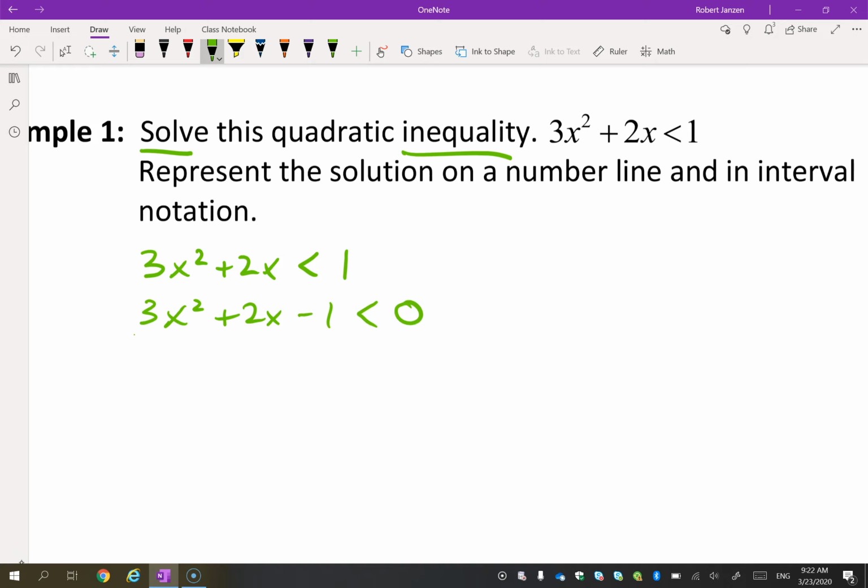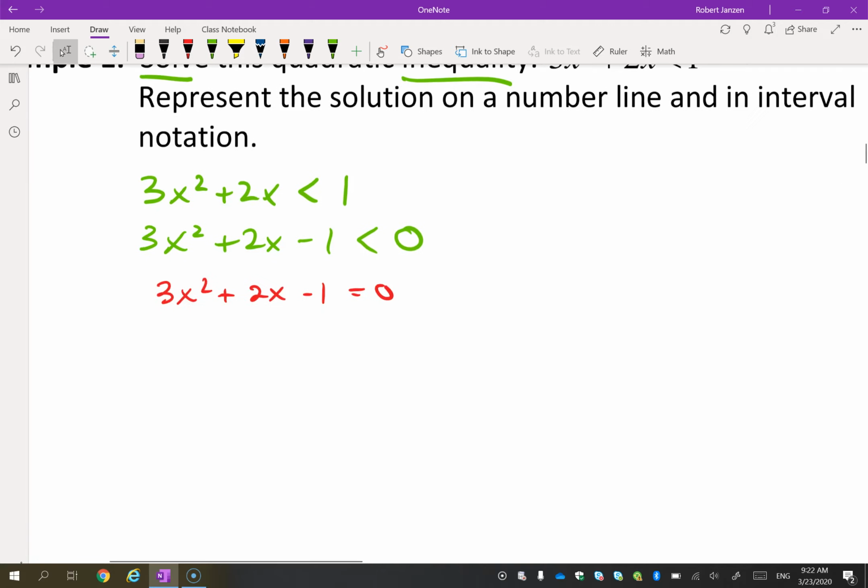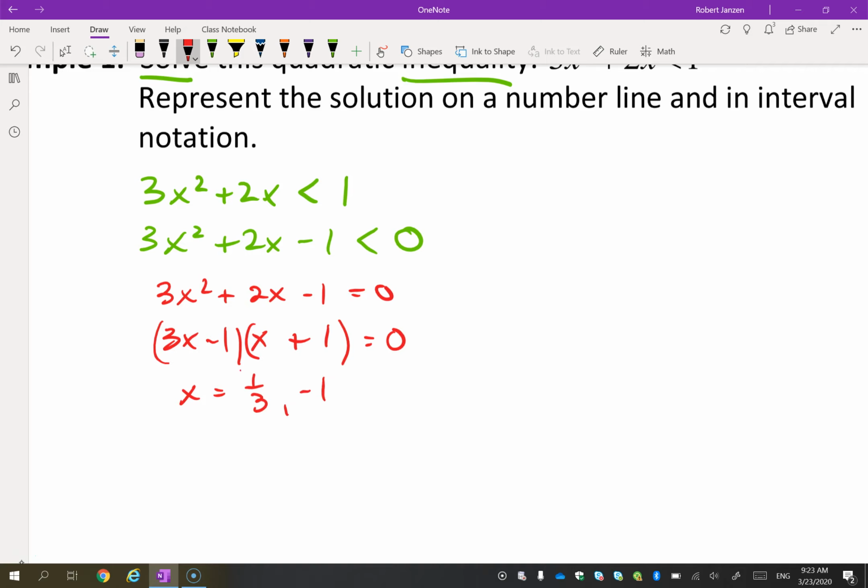So the question is, what x values will make this expression less than 0? Well, first thing you should consider is where is the expression equal to 0? That we can do easily. We already know how to do this. We can factor. So it's equal to 0 at 1/3 and -1.